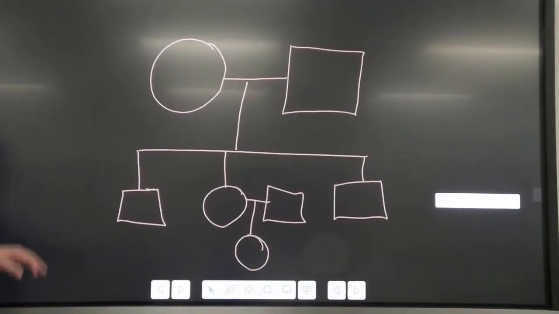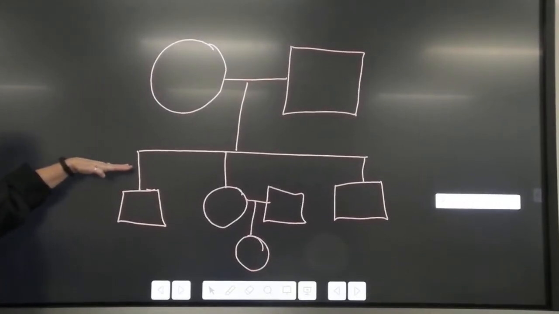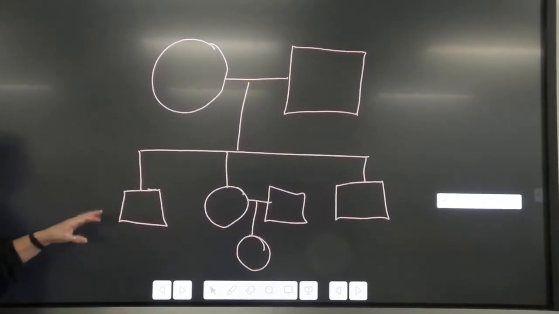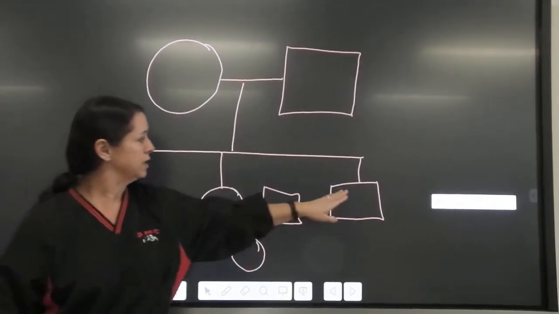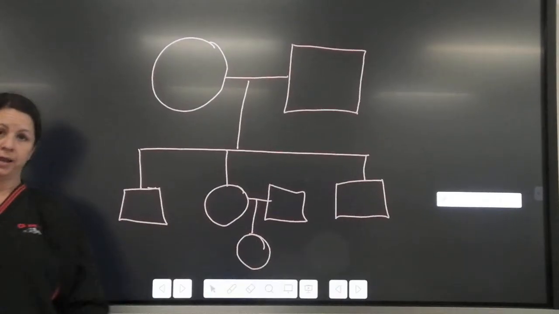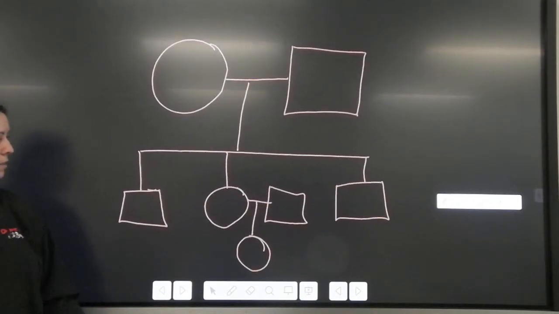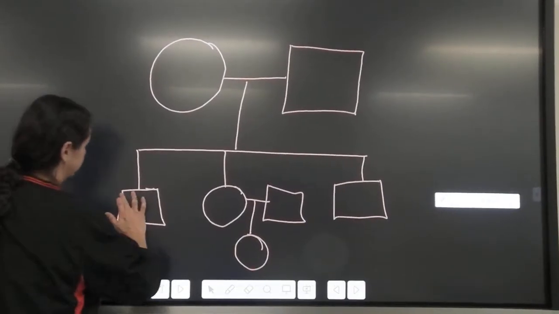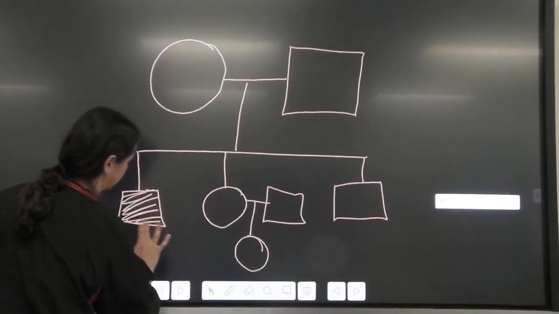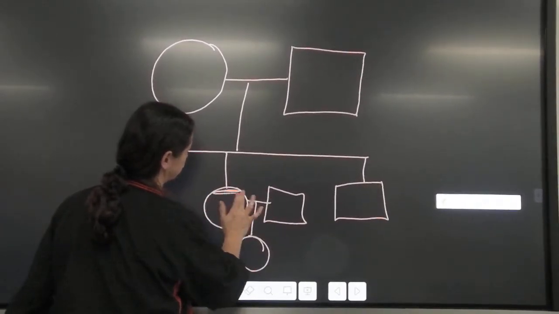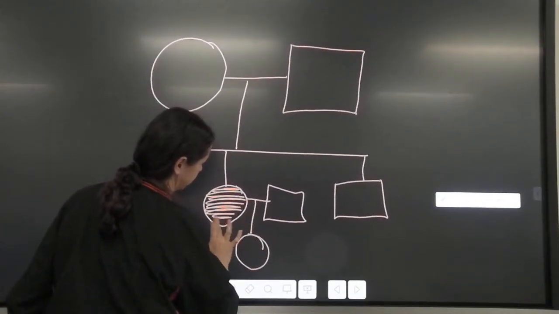Okay? So we've got 3 generations, first generation, second generation, third generation. All right? Mom and dad had 2 sons and a daughter. Daughter mated and had a daughter. Okay? So let's say we're going to make this one shaded. And we're going to make this one shaded.